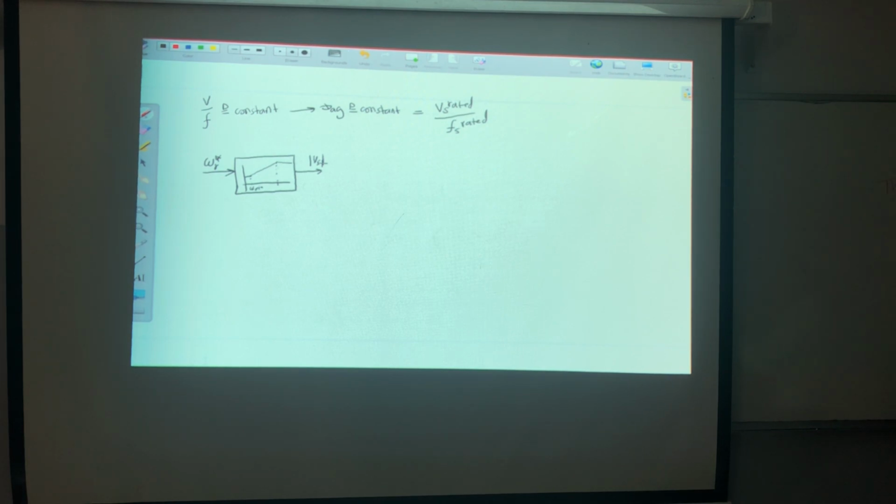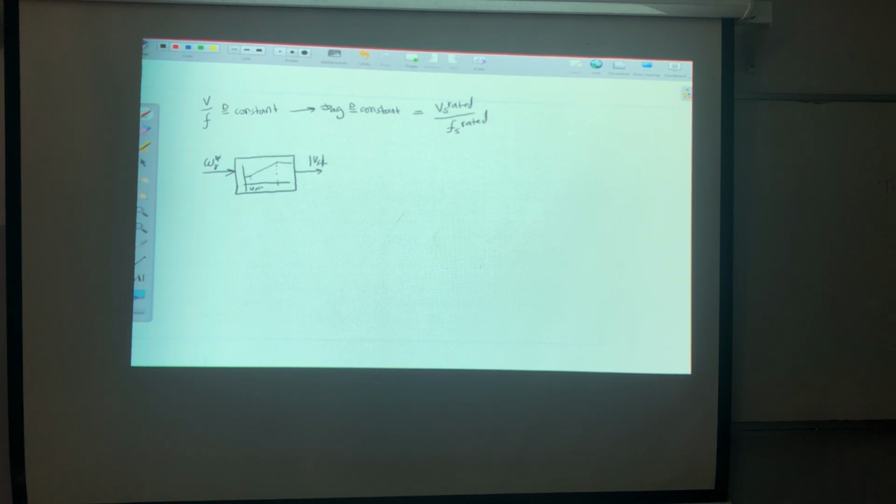We know that any sinusoidal signal is V max sine omega t, correct? If this one was the RMS value, I will multiply it by square root of 2. If this one was line to line, I will divide it by square root of 3. So let's assume that this one is the maximum value. I'm too old to write square root of 2.